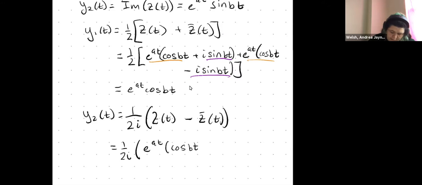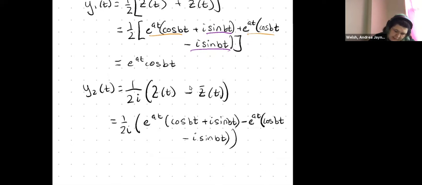So e to the at cosine bt plus i sine bt minus e to the at cosine bt minus i sine bt.